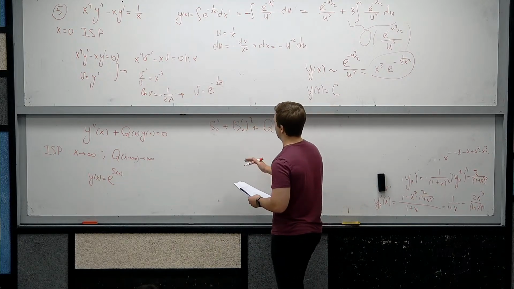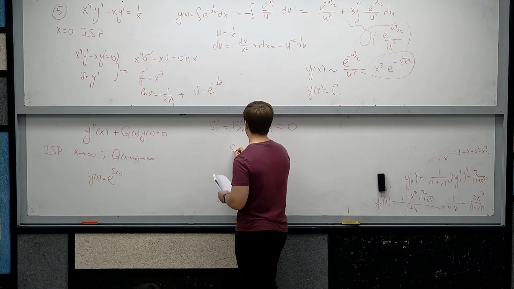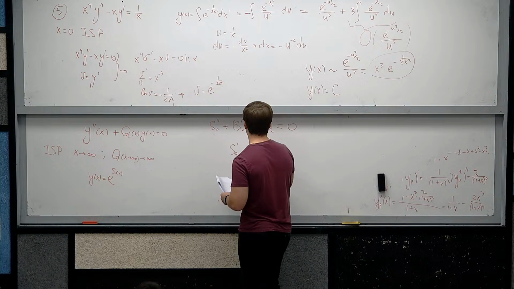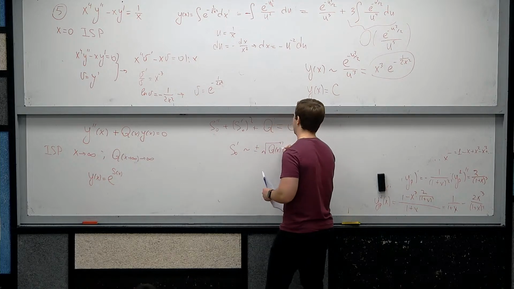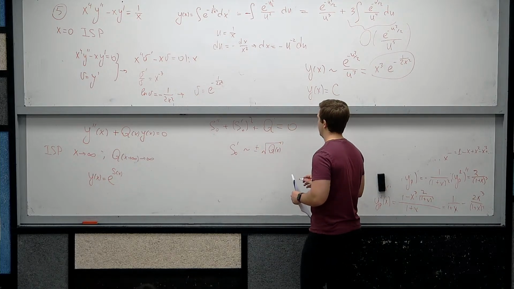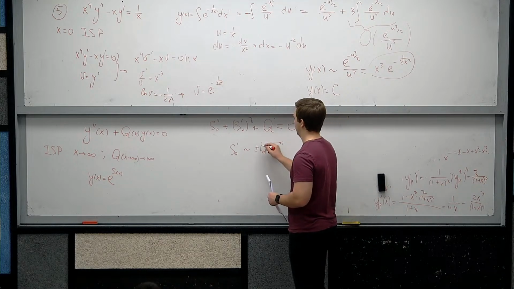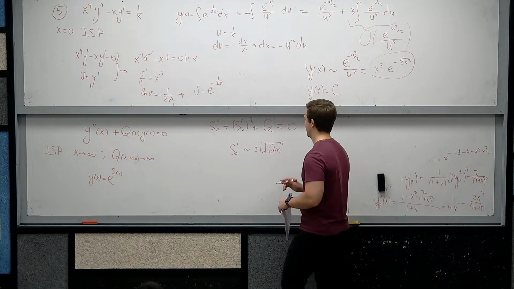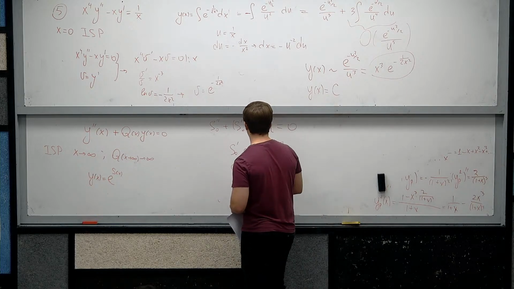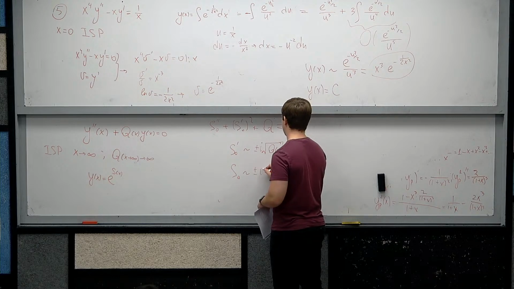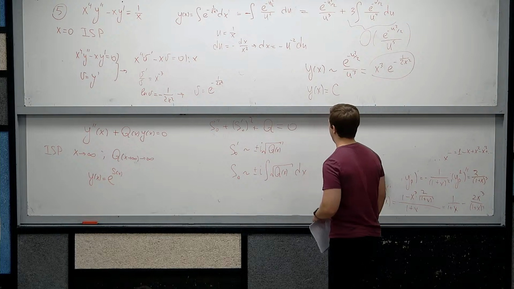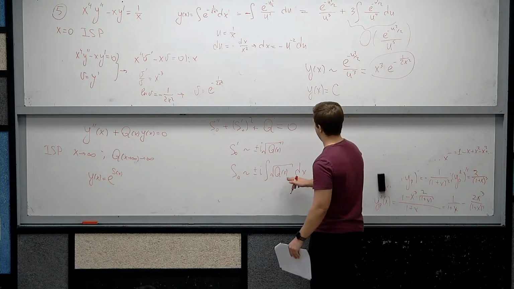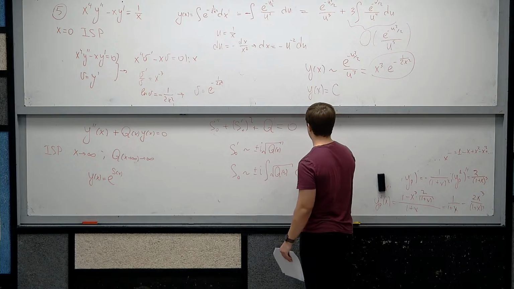On the first step, we neglect this term, and s naught prime is asymptotic to plus minus square root of q of x. Should it be negative q of x? So then s naught is plus minus i integral of square root of q of t. Oh, it should be t, some other variable.